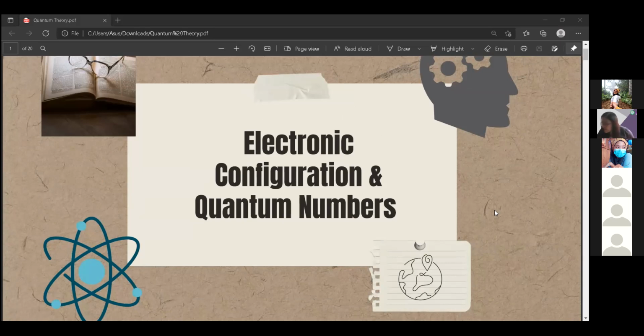Okay. So this activity is about electron configuration and quantum numbers. Okay. Kindly send the reason why you were not able to join. Sige. Wait lang.